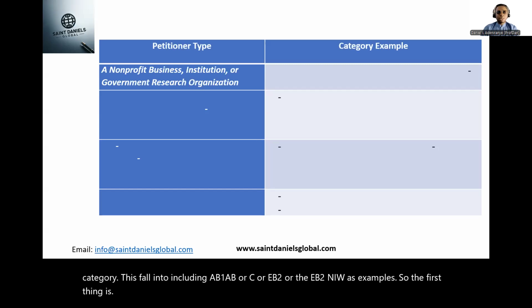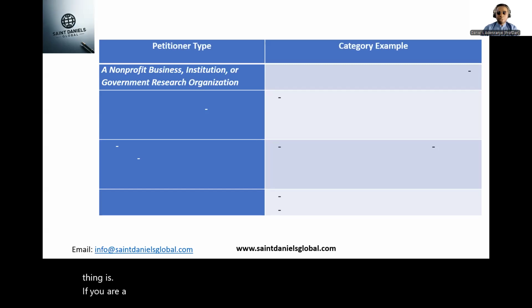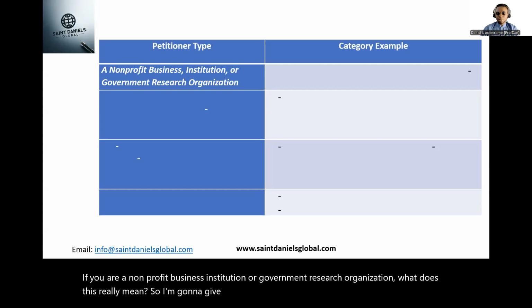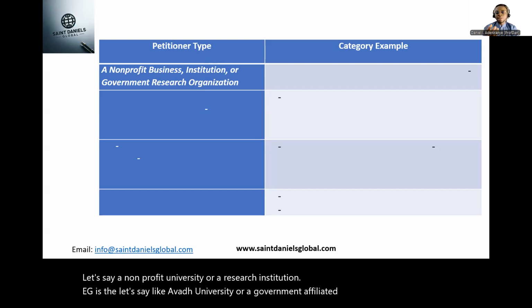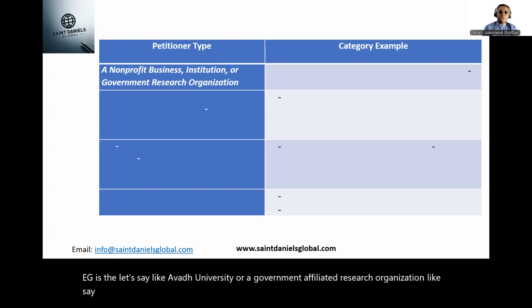if you are a nonprofit business, institution, or government research organization, what does this really mean? So I'm going to give you an example. Let's say a nonprofit university or a research institution, e.g., Harvard University, or a government-affiliated research organization like, say, the National Institutes of Health.